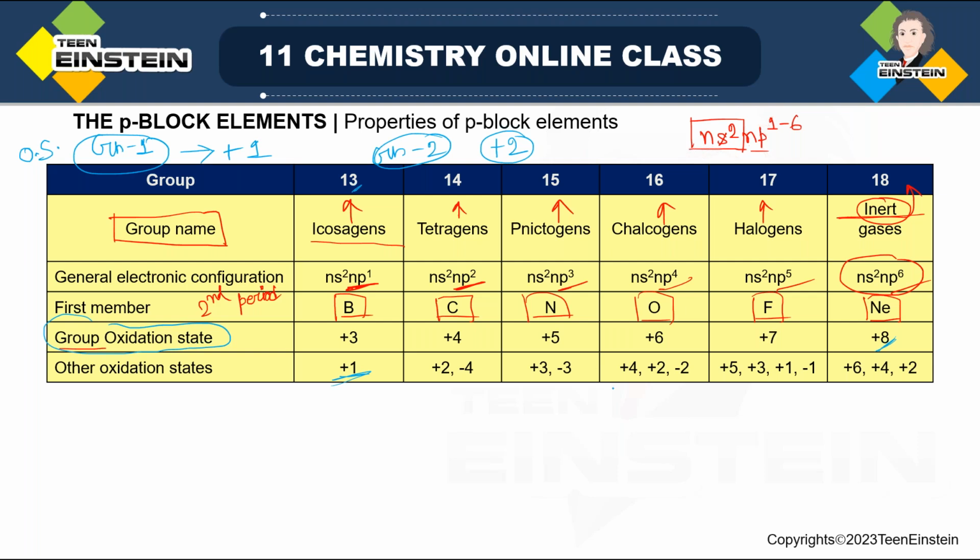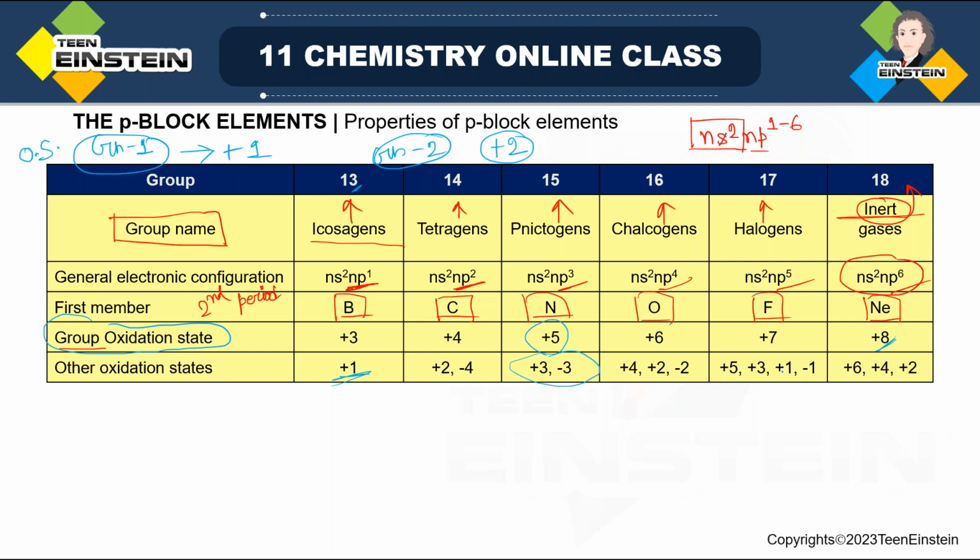It may vary. So, if I choose group 15, here +5 is the group oxidation state, that is fine, but +3 is also possible, -3 is also possible. So among these members, the 6 to 7 members present here, sometimes you will see +3 is more prominent, sometimes -3 is more prominent.